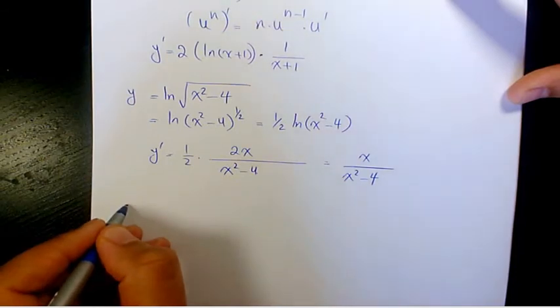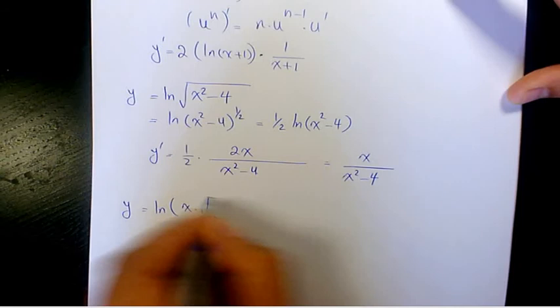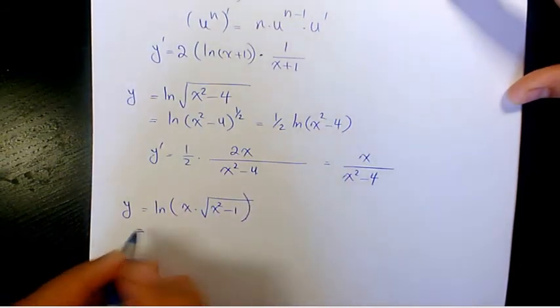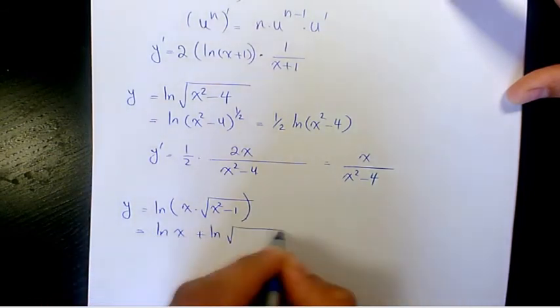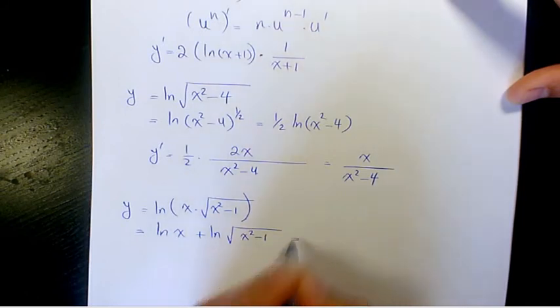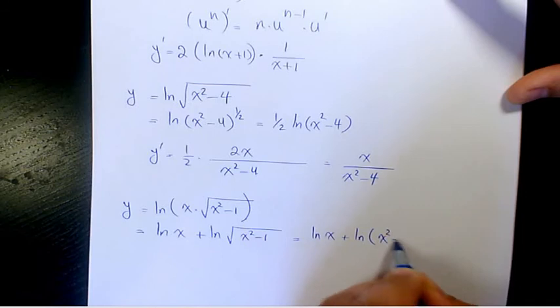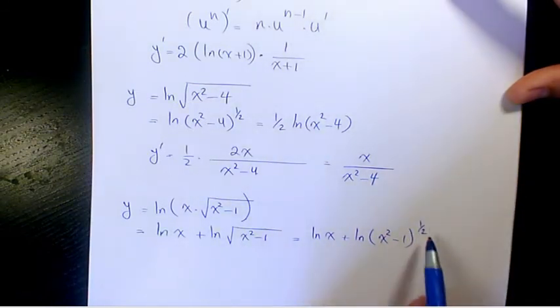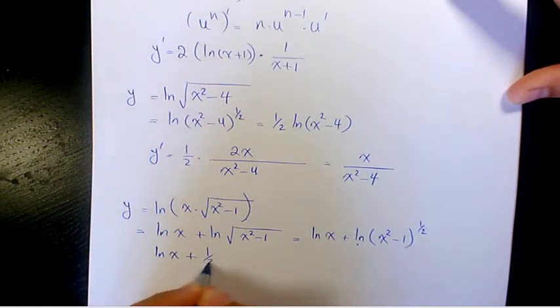Next example. Y equals ln of x times square root of x squared minus 1. You can separate them as ln x plus ln square root of x squared minus 1, or you can say ln x plus ln of x squared minus 1 to the power of 1/2, because square root is going to be to the power of 1/2, and then in log functions 1/2 can come in front and act as a coefficient.